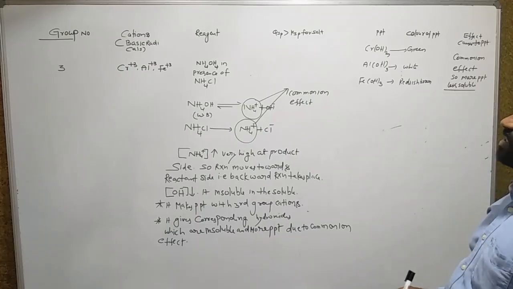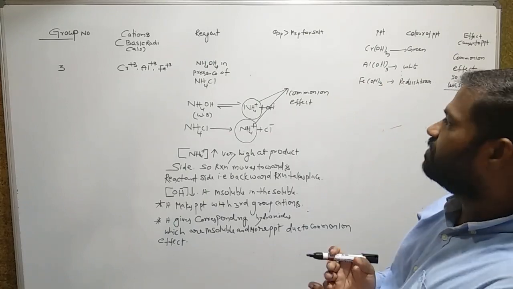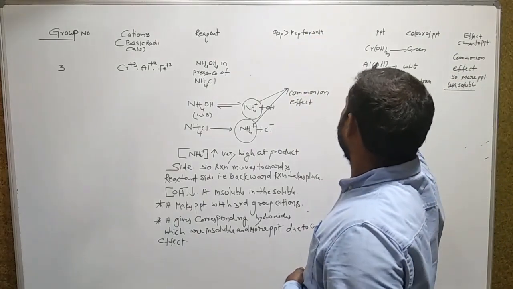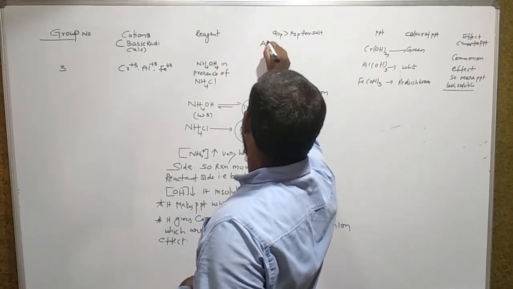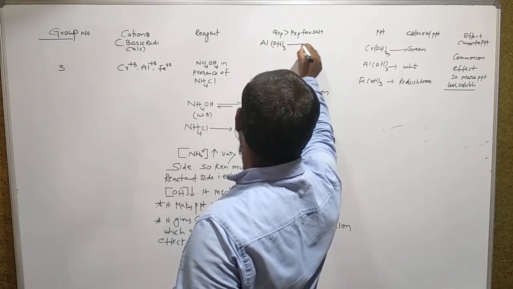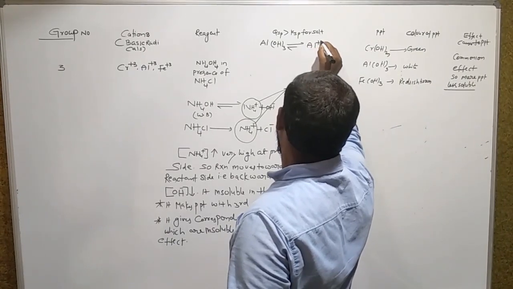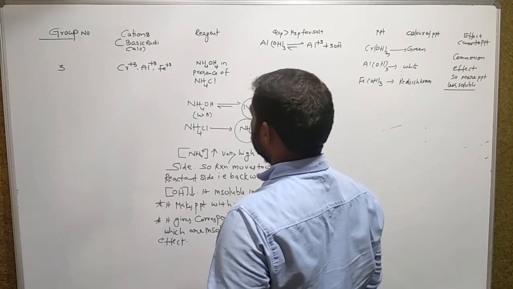What is the reagent? Here we prefer ammonium hydroxide in presence of ammonium chloride. So write this expression for any compound. Let us take Al(OH)3. When dissolved in water, it gives Al plus 3 and OH minus. Clear?